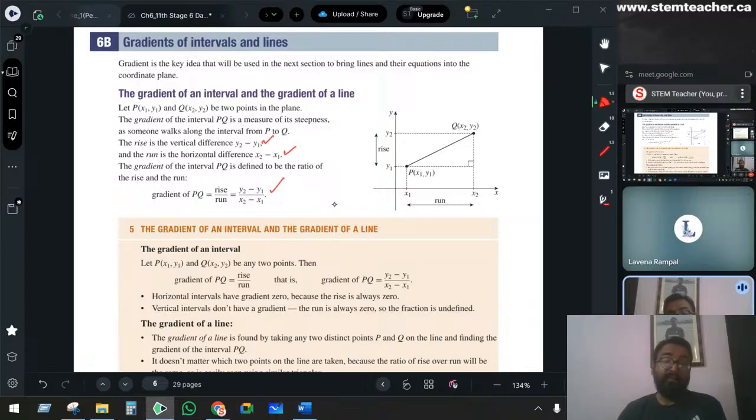So y differences by x differences, which is rise by run, is nothing but the gradient of PQ. Gradient also comes in the differentiation topic, where you find it as dy by dx. What is this? dy is the difference of y by the difference of x. So here it is a direct formula, and there it is a gradient formula. There we used to call it the gradient of the tangent line. dy by dx at any point is the gradient of the tangent line.